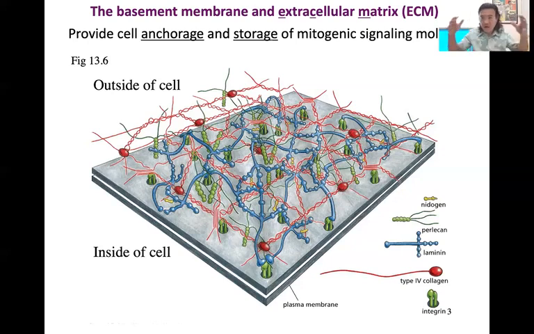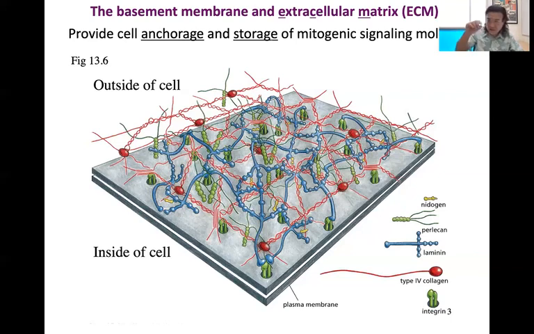So this network, this ECM, can be filled with different types of signaling molecules that are kept away from binding to the surface proteins like receptors on the target cell, right? So with epithelial cells in particular, this extracellular matrix we call the basement membrane, right?